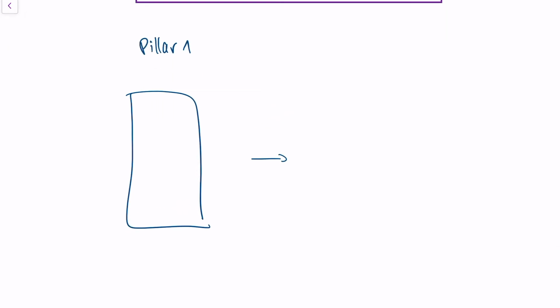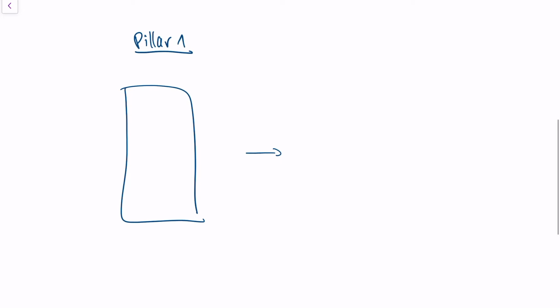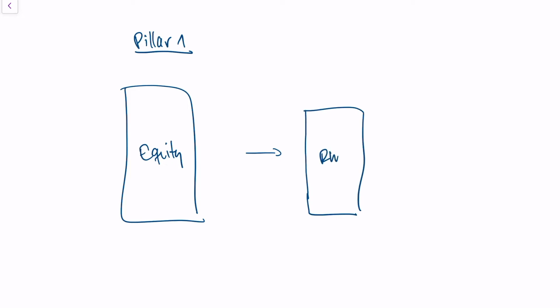So Pillar 1 basically tells you that you need to balance your risk-weighted assets and your equity, right? If you don't know what that is, look at my video about Basel III. Pillar 1 basically tells you that you have a certain amount of equity, and this means that you can only afford a certain amount of risk-weighted assets.